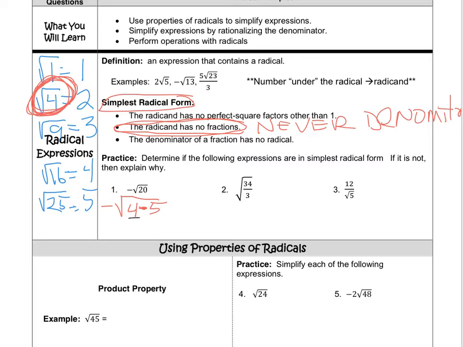What did we say the square root of 4 is, up here on the far left in blue? We said it was 2. So we have the square root of 4, so a 2 is going to come out. What we have is negative 2 times the square root of 5. And so that is that radical, the negative square root of 20, simplified: negative 2 square root of 5.